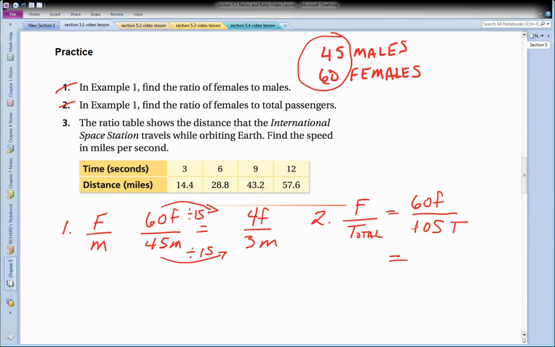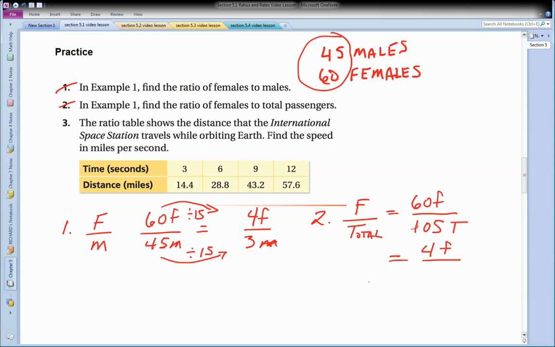Can I simplify this? You absolutely can. You can still divide both of these by 15. And if I do that, 60 divided by 15 is 4. So I still have 4 females. And then 105 divided by 15 is 7. Where's my pen? I lost my pen here. Where'd it go?